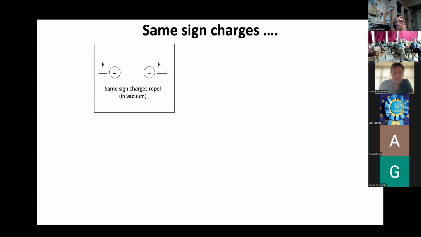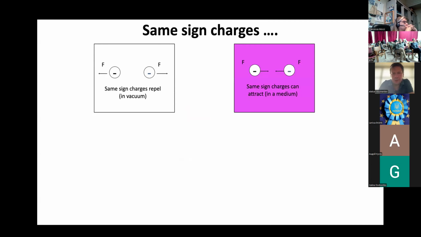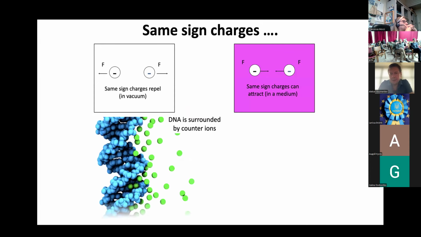As you all know, same charges repel in vacuum, but the situation is different once you put the charges into solution. In solution, you can have pretty much anything from repulsion to attraction. In the case of DNA, it's important because DNA is surrounded by water and ions, which modulate the interactions between DNA.